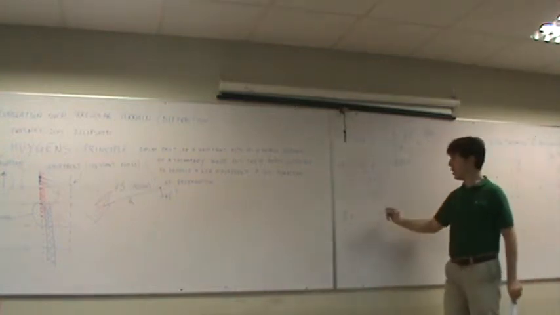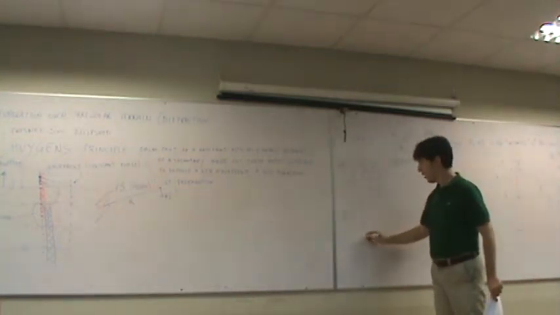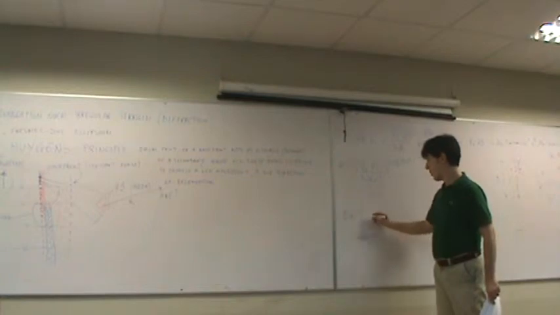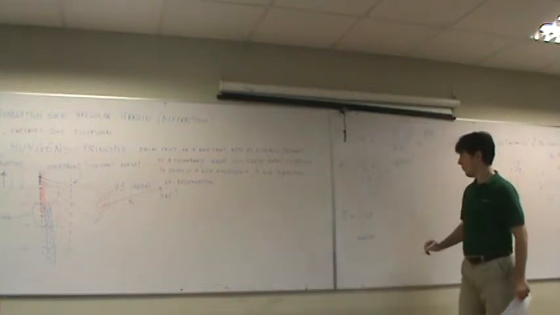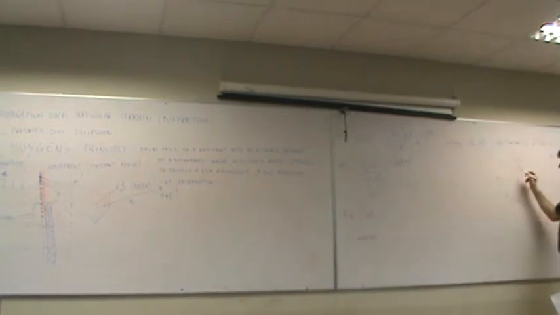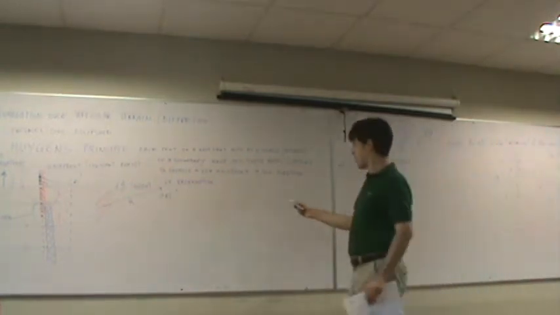The total electric field is the summation, that is the integral over the aperture. That is, you have to sum up all the contributions all over the place. Now, this is a circular aperture. This is a diaphragm.